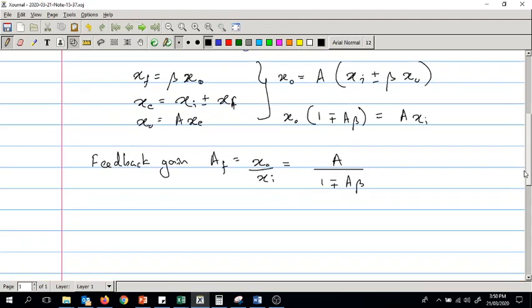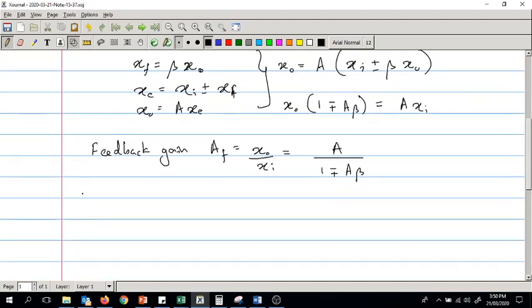So for positive feedback, Af is A over 1 minus A beta, which, as you can see here, will become a larger value.